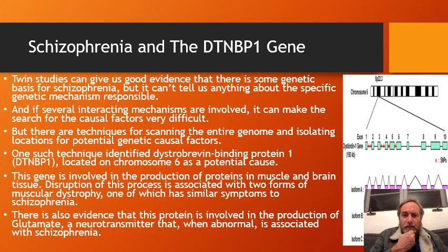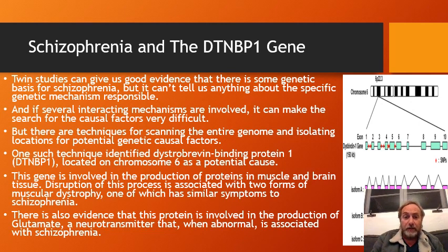Another study, right? If schizophrenia is a genetic disease, or it seems to be inherited, is there anything else we can find out about the specific genetic mechanisms involved? This can be hard, particularly if there are several interacting mechanisms.